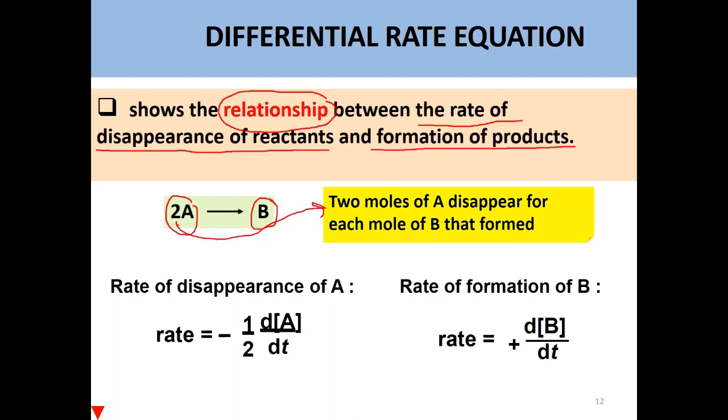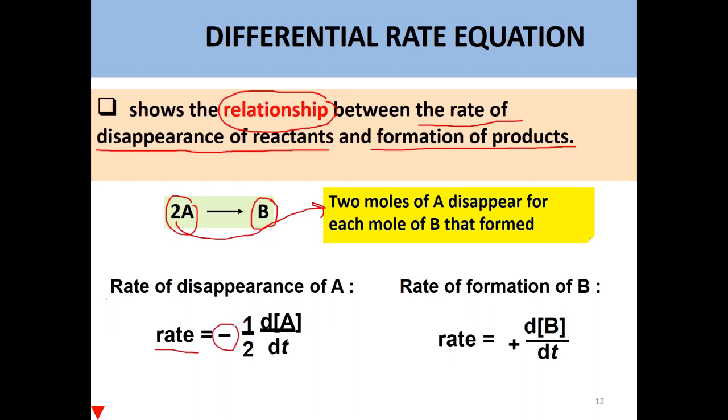This one is 2 moles of A to produce 1 mole of B. So the rate of disappearance of A, you can write as the rate is equal to, for this A is the reactant, so that means the sign of your rate is negative.